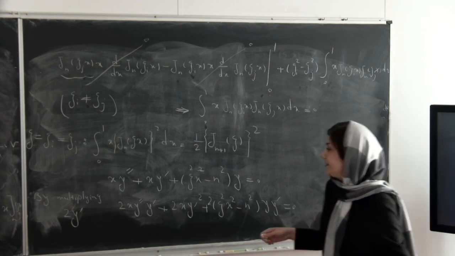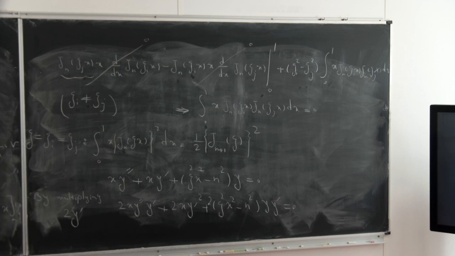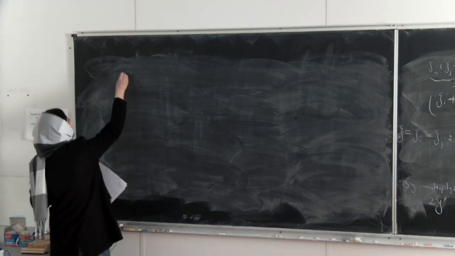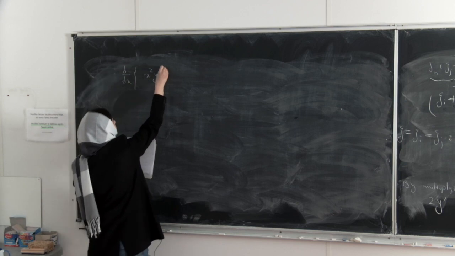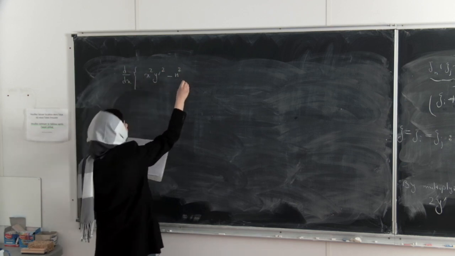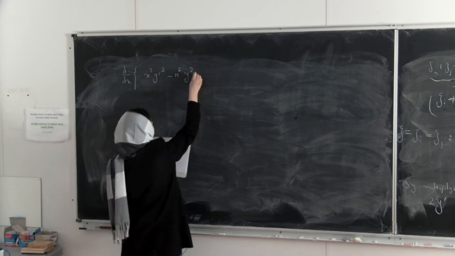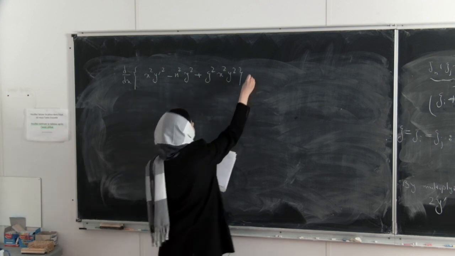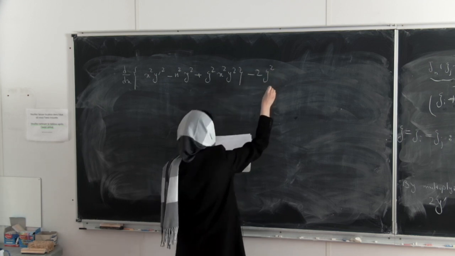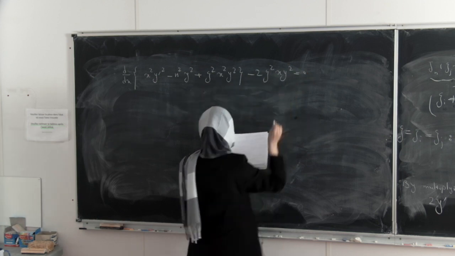And we can write this equation as a derivative form, minus 2 xi squared x y squared equals 0.